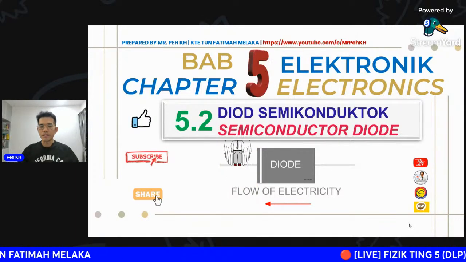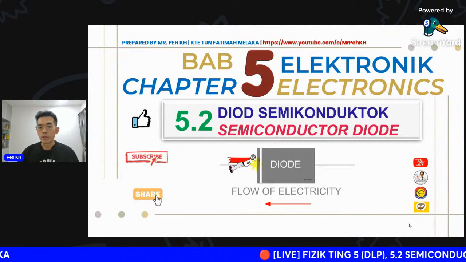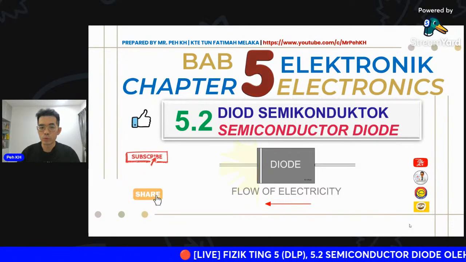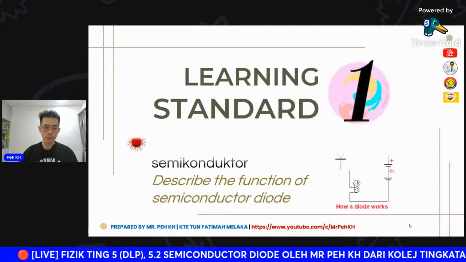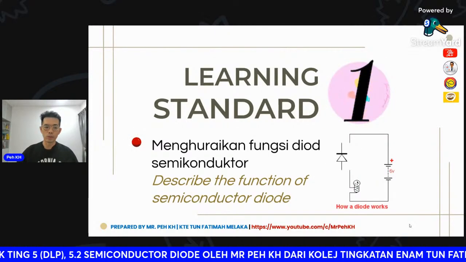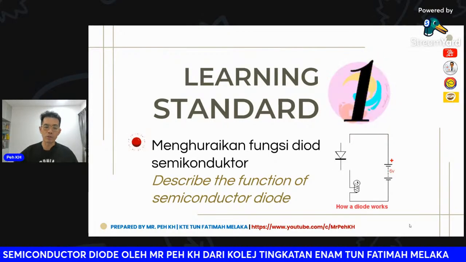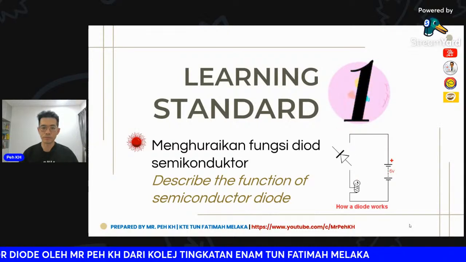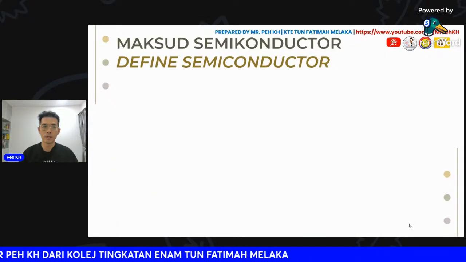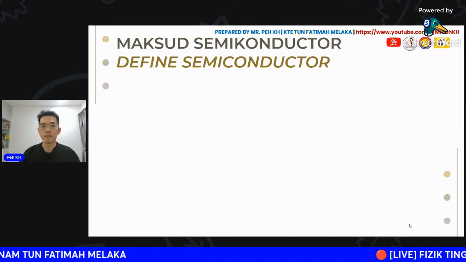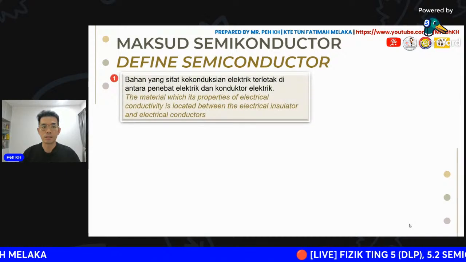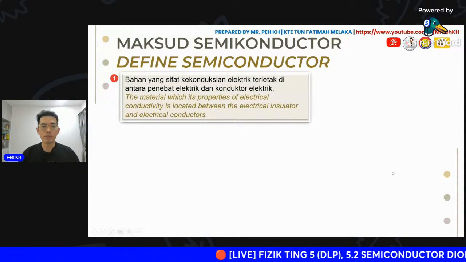In today's learning standard, in total you are going to learn 2. The first learning standard for today's lesson is that you need to be able to describe the function of a semiconductor diode. Firstly, you need to know the definition of a semiconductor. So what is a semiconductor?